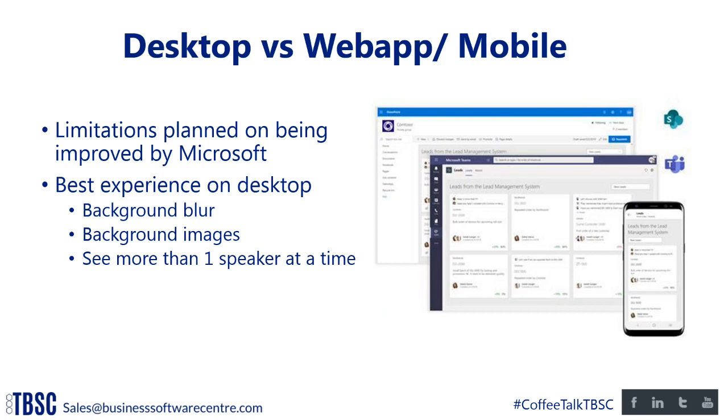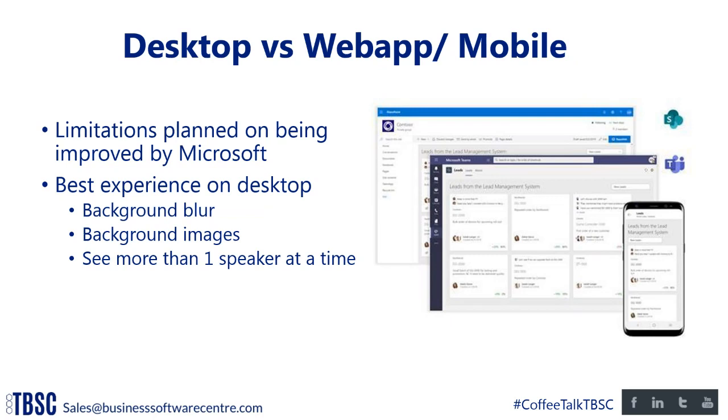But also, the desktop allows you to see more than one speaker at a time. If you've ever joined a meeting on your mobile, say you're taking the train and you really need to join this meeting, it's kind of unfortunate how you can only see one speaker at a time. But like I said, Microsoft is working on that, so just stay tuned. It's definitely going to get sorted out.